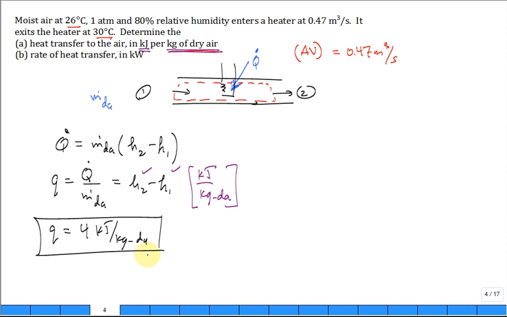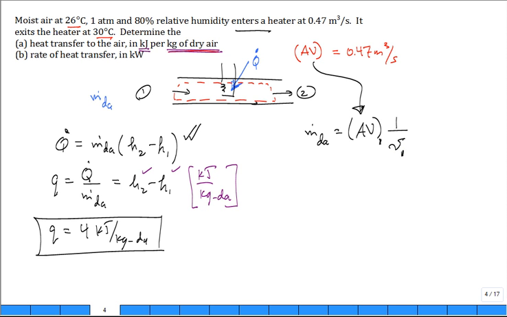And then what is the rate of heat transfer? Well, I go right back to this equation right here. So I need the mass flow rate of the dry air. How do I calculate the mass flow rate of the dry air? It's the volumetric flow rate, what was given in the problem statement, divided by the specific volume. And we're going to say this is the inlet. It enters, and it enters. So I need that specific volume of the entering air.